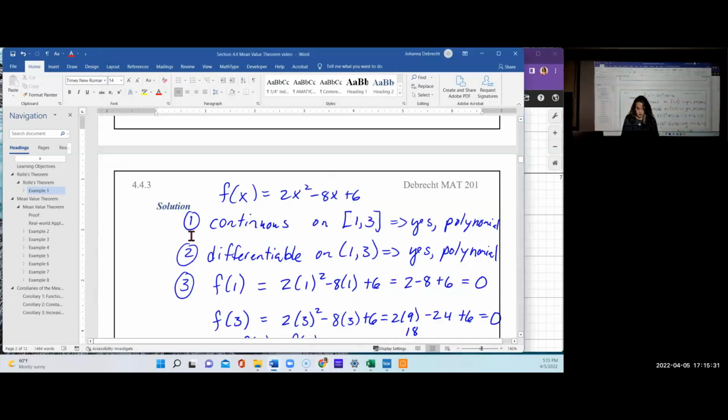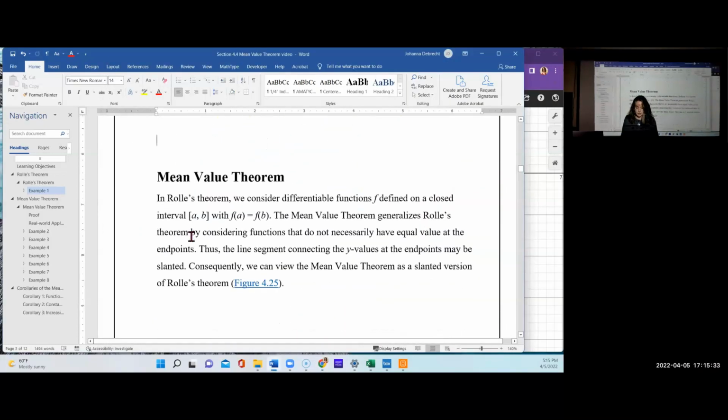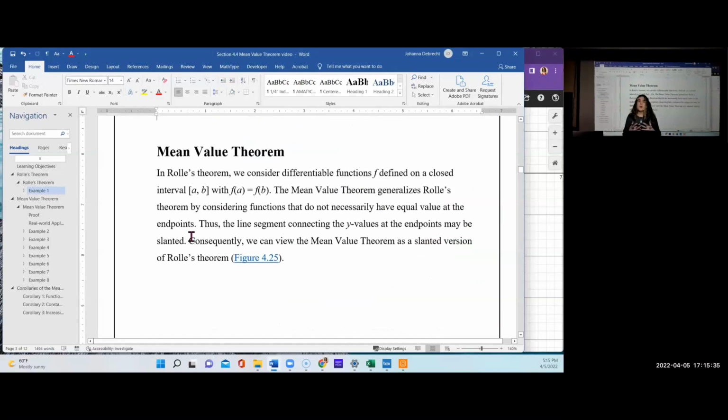Now we want to move on and discuss the mean value theorem, the most valuable theorem, as some professors like to refer to it. It is the main topic of this section. So again, Rolle's theorem is a special case of the mean value theorem. In a sense, Rolle's theorem is a part of the mean value theorem, but the mean value theorem doesn't have the same number of conditions. It only has 2.